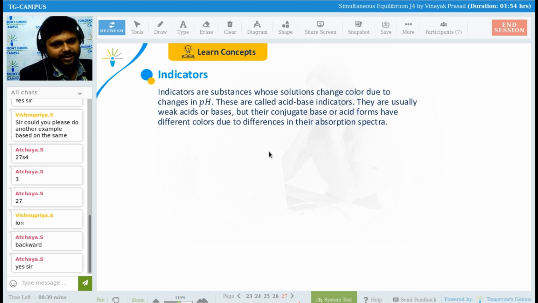Now, see here what are indicators. So guys, you might know indicators. Cars and bikes have indicators. But this is not that indicator. This is a different kind of indicator, right? So what is this indicator, guys? Can anyone tell me?